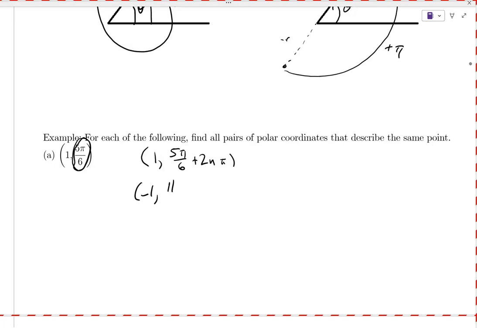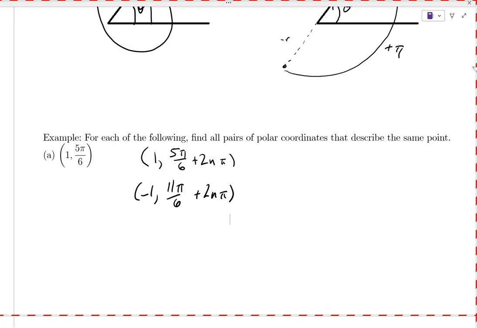So if I add pi, I would get 11 pi over 6. And then again, from there, I could do the add 2 pi game all day long. So again, if it keeps it positive, the angle stays the same and then do coterminal angles. If it's negative, add pi and then do all the coterminal angles from there.